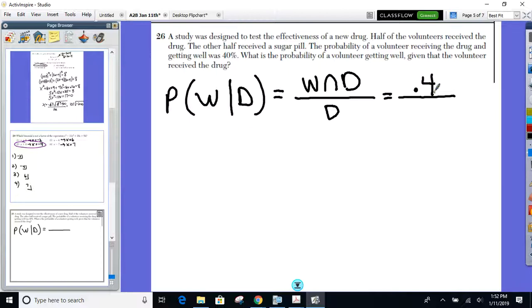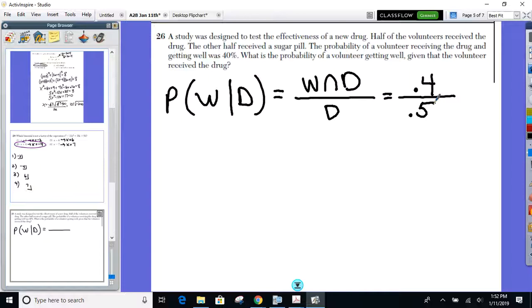Now here, watch yourself here, because you don't see any more numbers up there, do you, other than the 40? But given the drug, I know you don't see a number for it, but read it. Read it. Half of the volunteers received the drug. So what am I putting on the bottom? 0.5. Yep. Or you could put half.